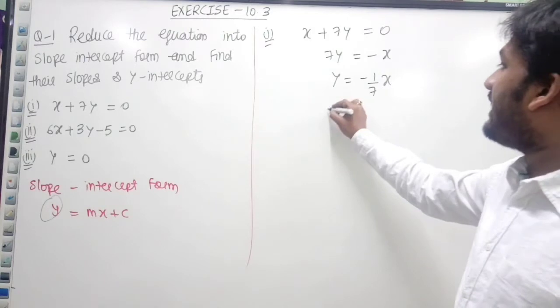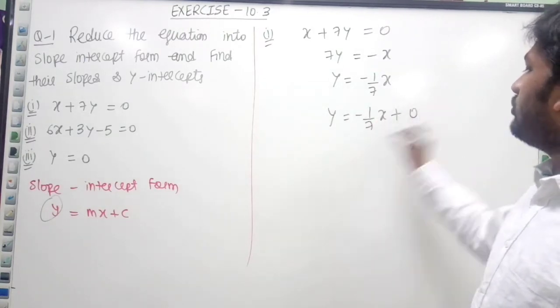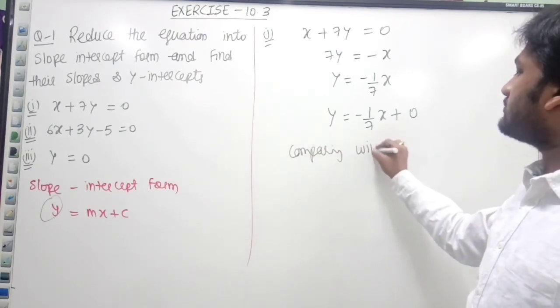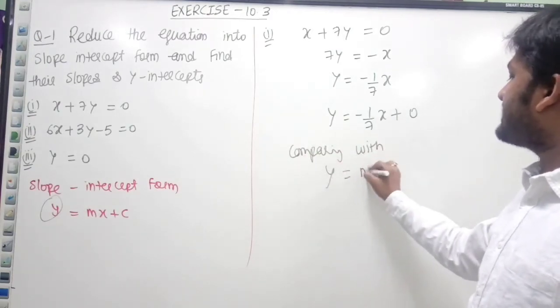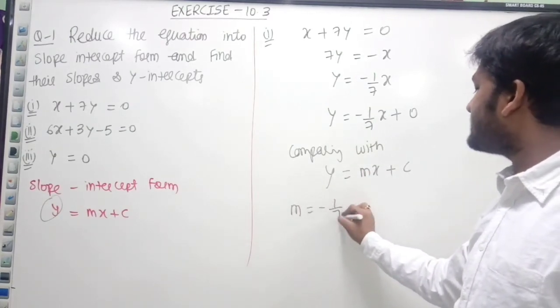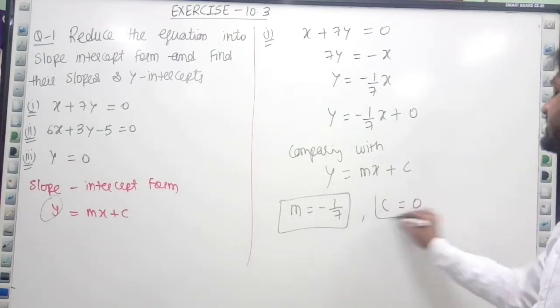Right, and I can write further minus 1 by 7 into x plus 0, comparing with y equal to mx plus c. I can say m equal to minus 1 by 7, that is the slope, and y-intercept is 0.